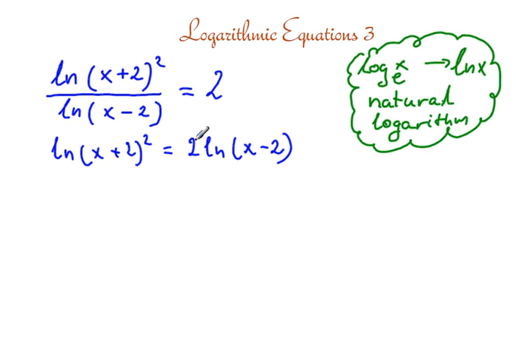The next step will be to use the power rule in reverse, so that factor 2 will become the exponent of x minus 2. The left side remains unchanged for now. So ln(x plus 2) squared equals natural logarithm (x minus 2) squared.